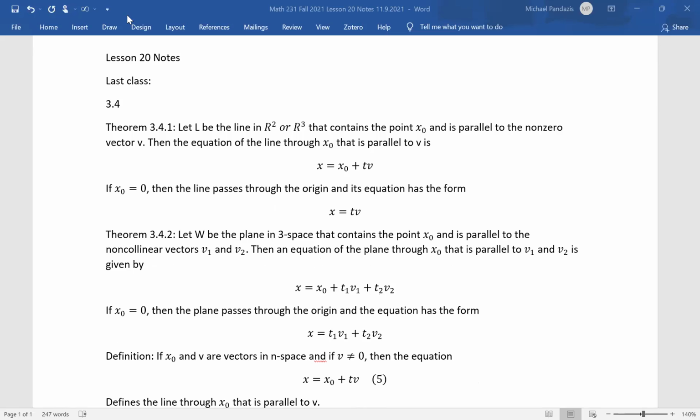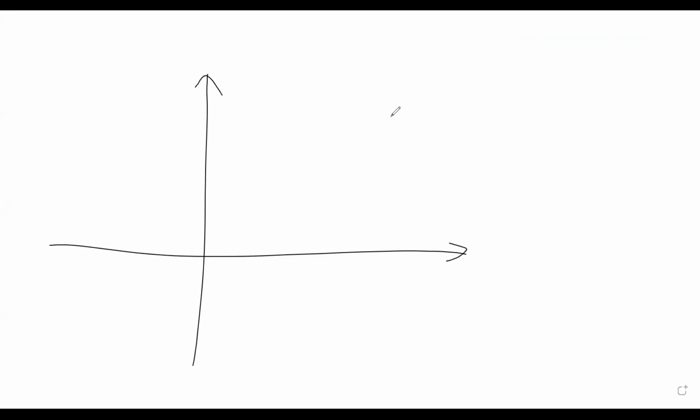So an illustration of that I gave last class. Let me just remind you, if you have your 3 axes, because you're living in 3-space. Let's say you want to talk about the plane that contains the point x naught and is parallel to 2 non-collinear vectors, v1 and v2.